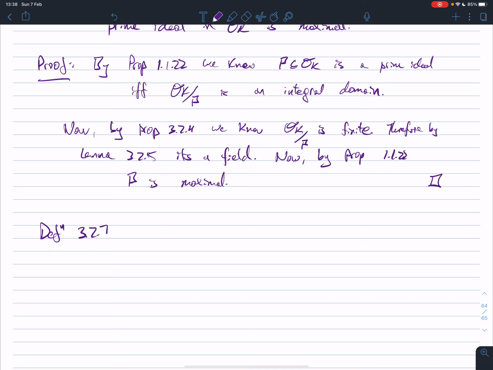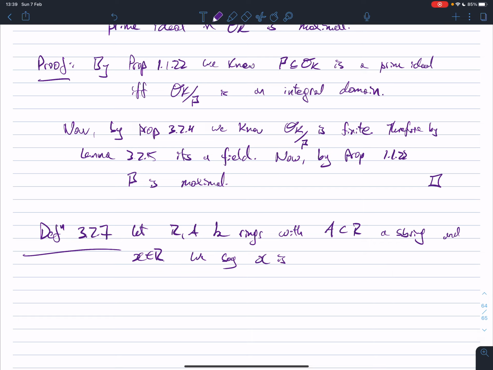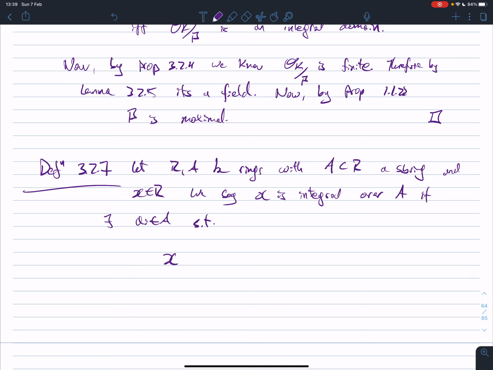Definition 3.2.7. Let R and A be rings with A contained in R, a subring, and x some element of R. Then we say x is integral over A if there exist a_i in A such that we have the following relation: x^n plus a_{n-1} x^{n-1} and so on, equals 0, for some n.